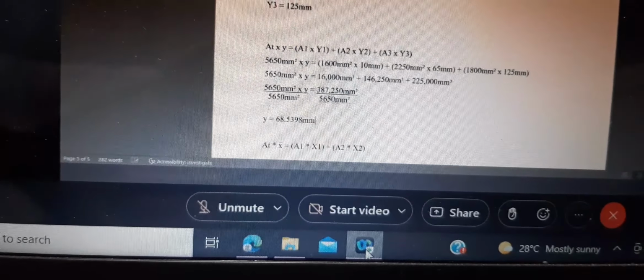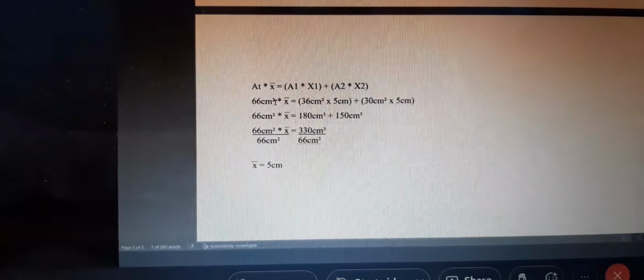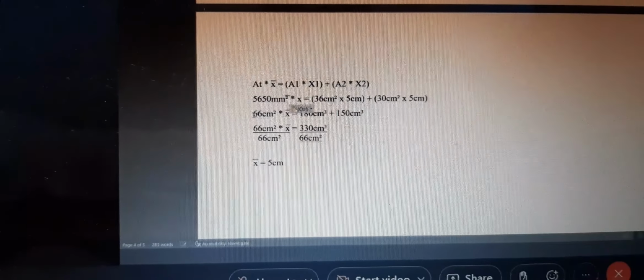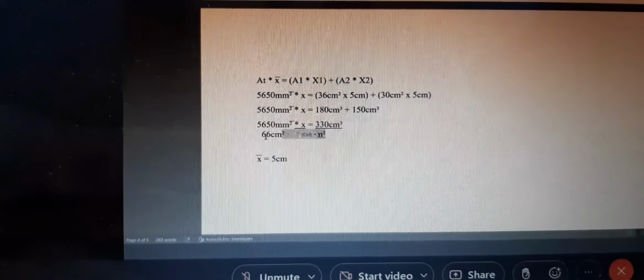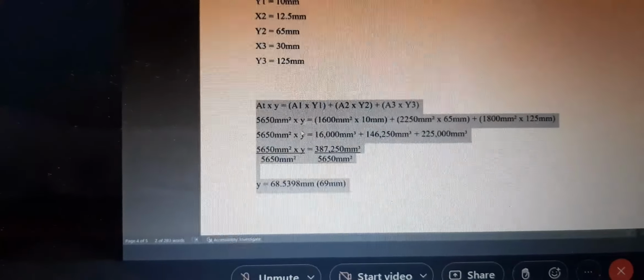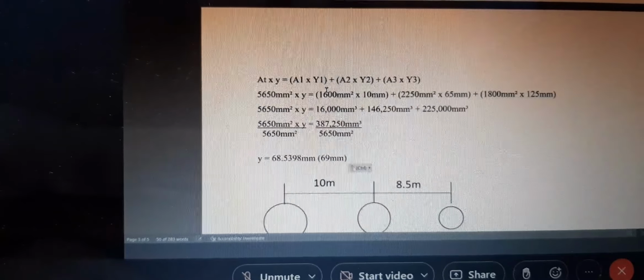Good? One second. Boys, better copy everything and change the x. All right.